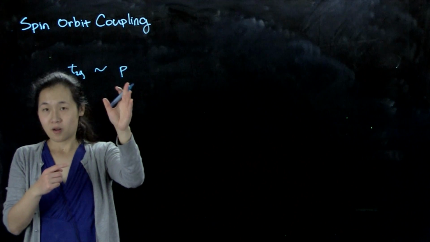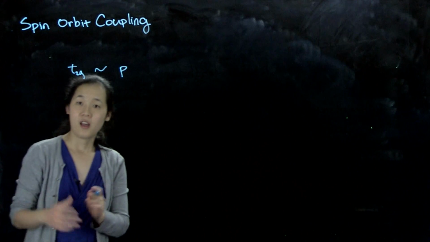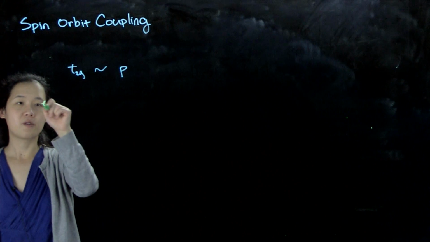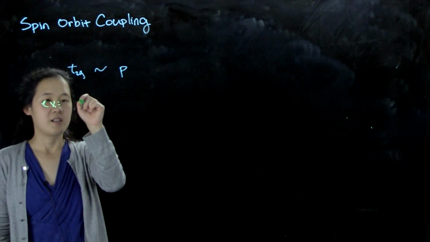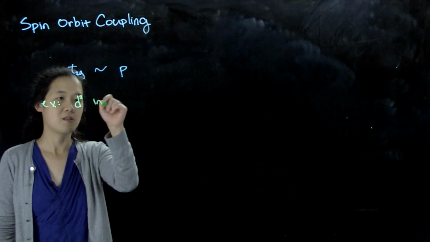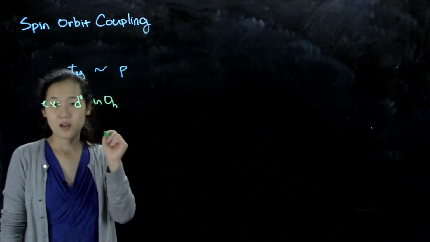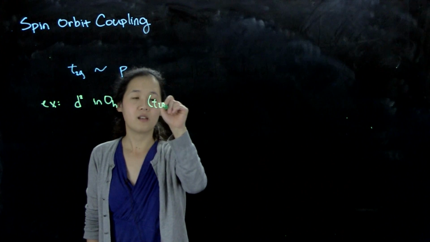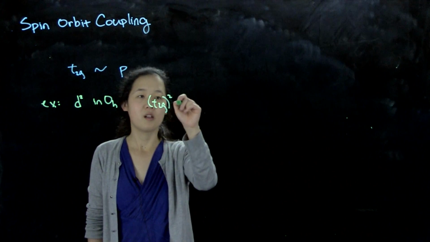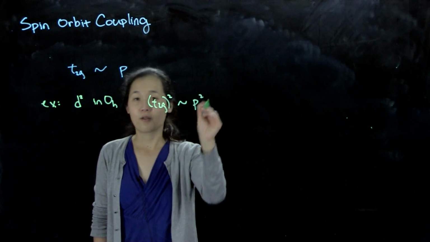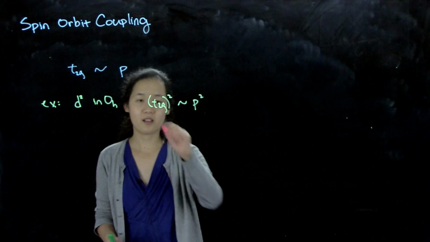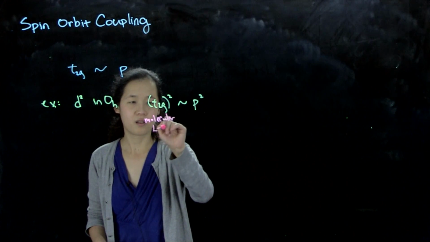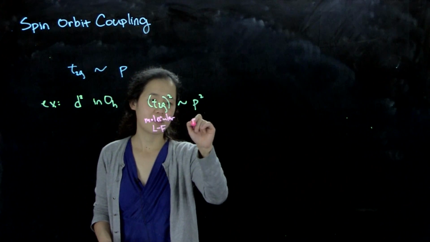We have three degenerate p orbitals. So if we want to do an example, let's suppose we have d2 in octahedral. We know that the ground state configuration is going to be doubly occupied t2g. So this will look like a p2 atom. This is the molecule with the ligand field, and this is the free atom.